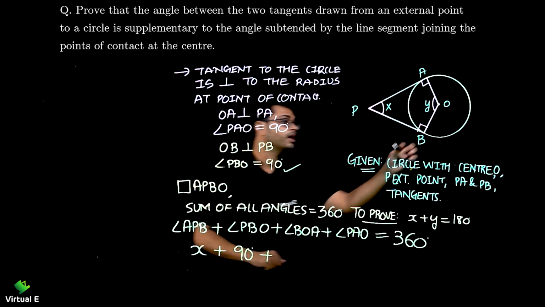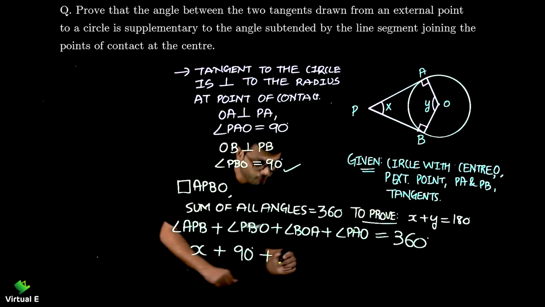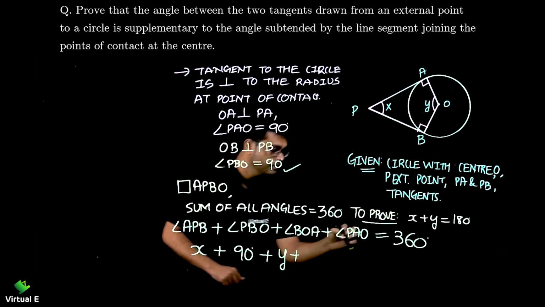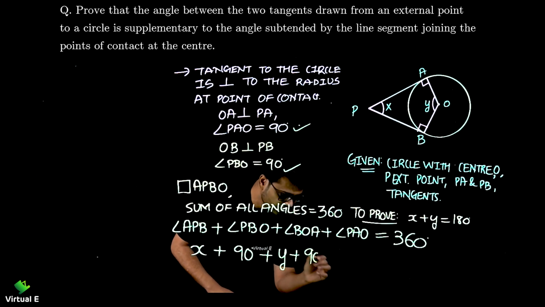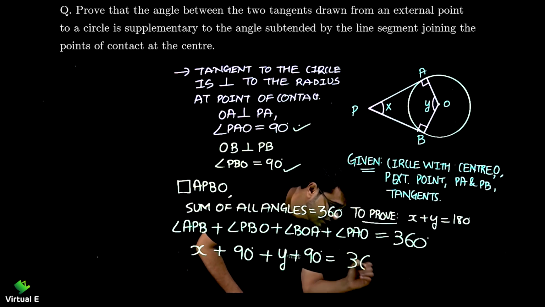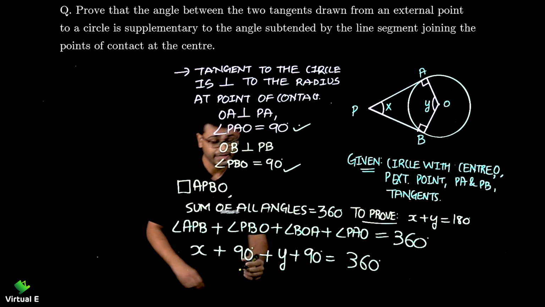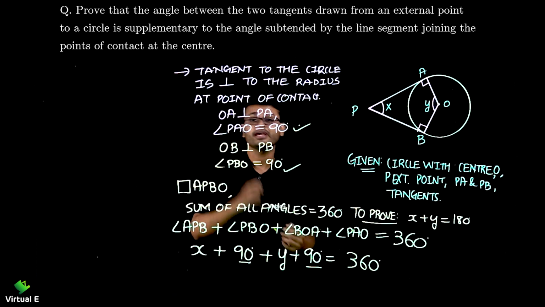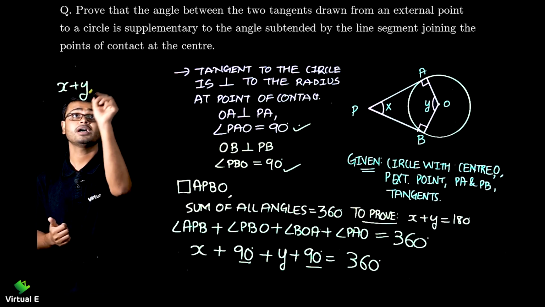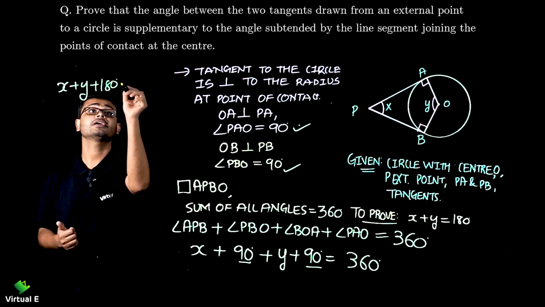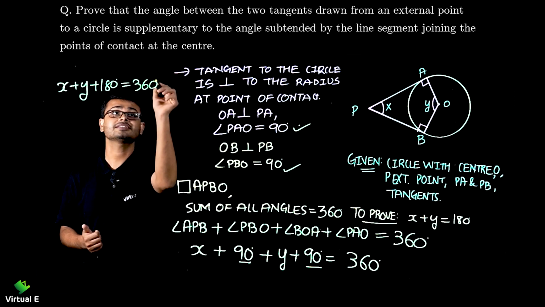Then BOA, which is y. Then PAO, here 90 degrees, so 90 degrees is equal to 360 degrees. This 90 and this 90 will make 180 degrees. So x plus y plus 180 degrees is equal to 360 degrees.